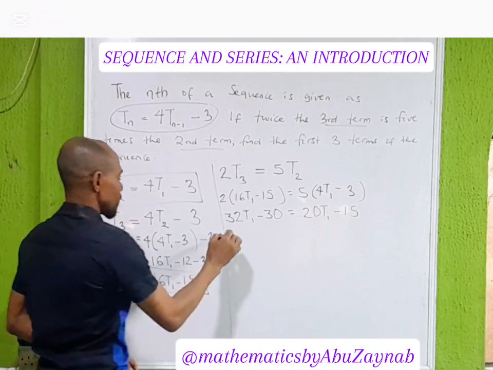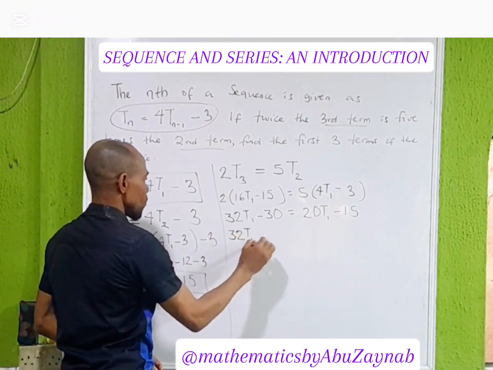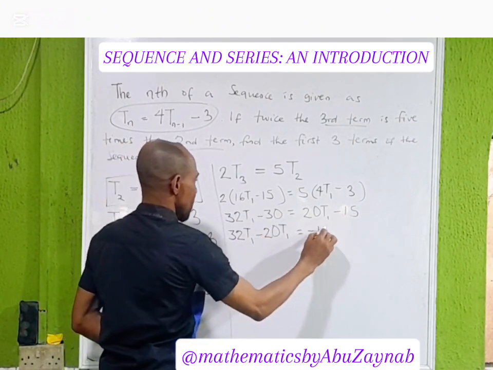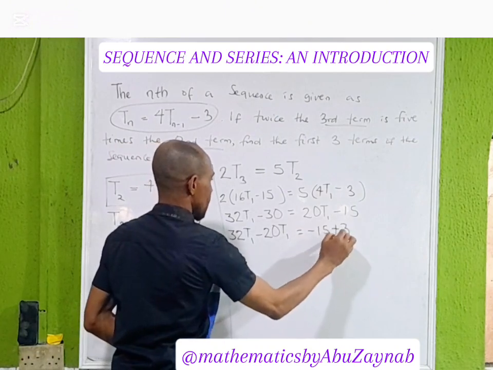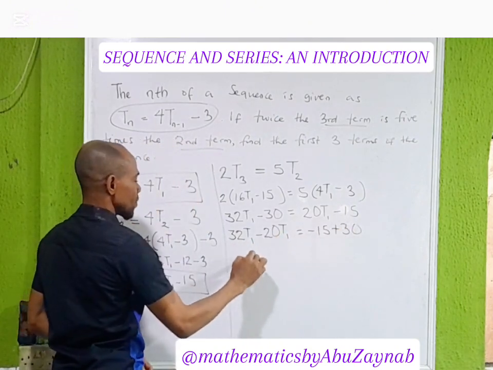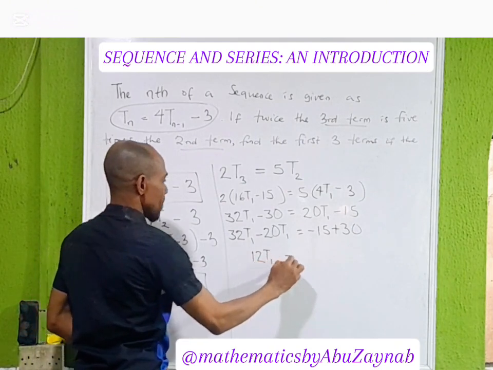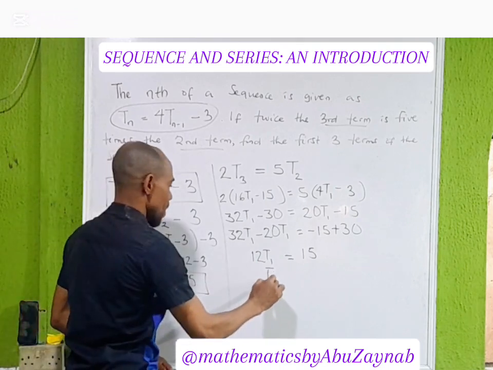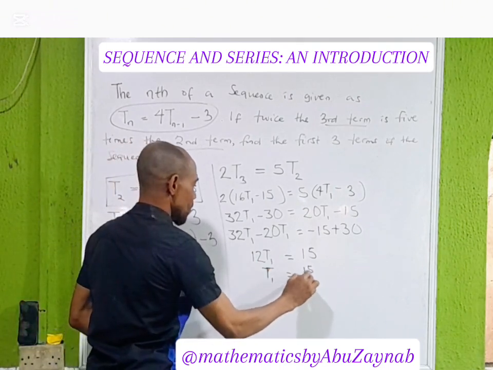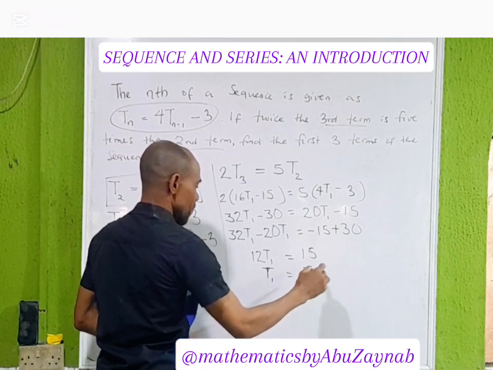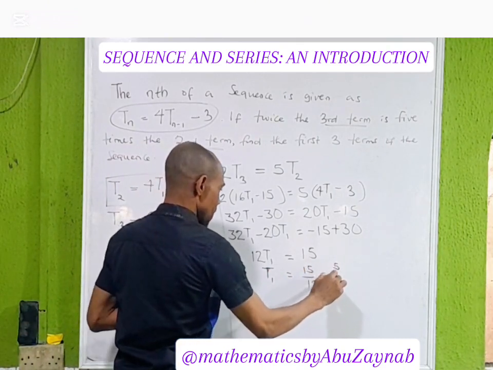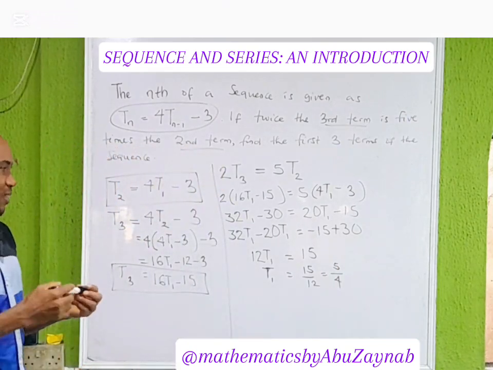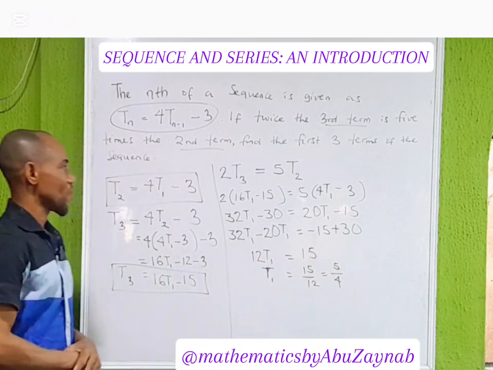Collecting like terms, 32 T1 minus 20 T1 equals minus 15 plus 30. This is actually going to be 12 T1 equals 15. From there, we have T1 equals 15 over 12. So you divide further, 3 goes there, 5, 3 goes there, 4. Hence, T1, which is the first term, is actually 5 over 4.